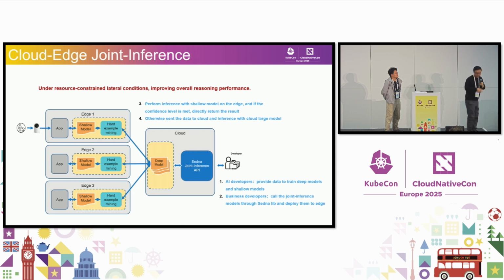Then users can do inference from the edge node. When the confidence level is unmet, the request will be forwarded to the cloud. If the confidence level is met, the edge node will return the result. This is the Cloud Edge joint inference.